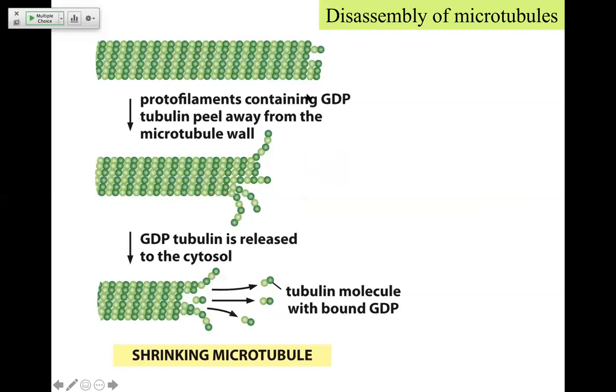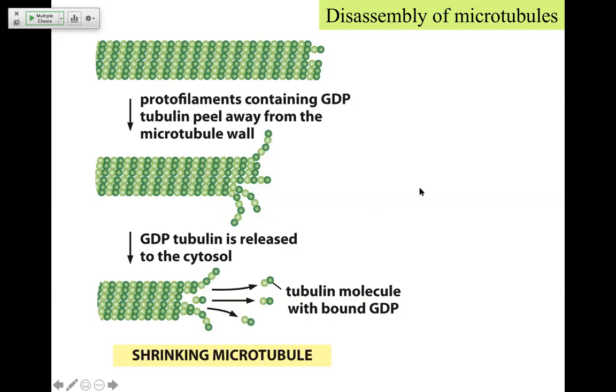If this microtubule is in an environment where there's a very low concentration of GTP bound tubulin heterodimers, then all of the tubulins are bound to GDP. And when they're bound to GDP, they have less affinity for each other and they start falling apart. It starts peeling away, and individual heterodimers are then released into the cytoplasm as what we call free tubulin. As they lose affinity for each other, the microtubule will shrink.